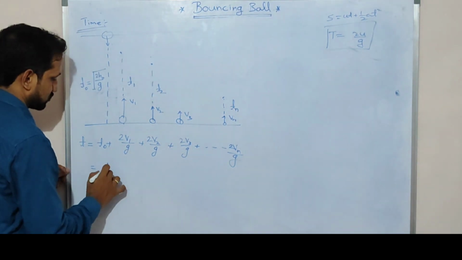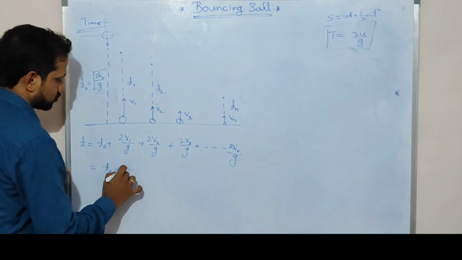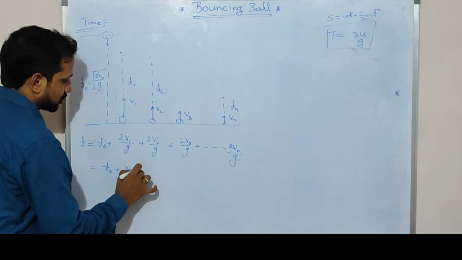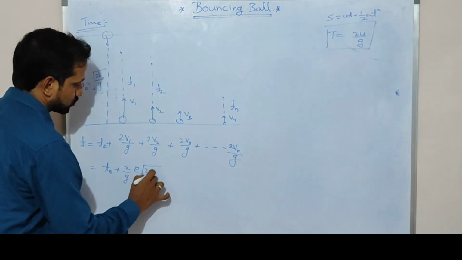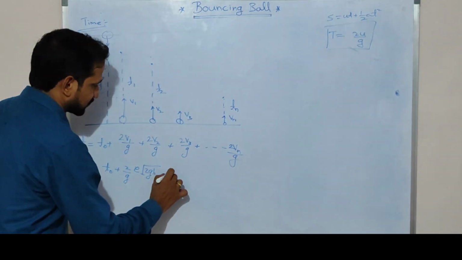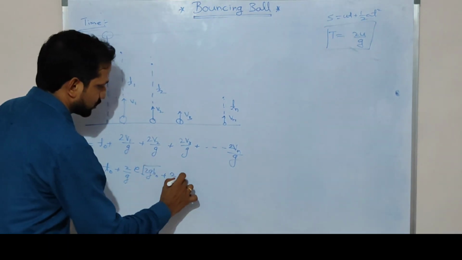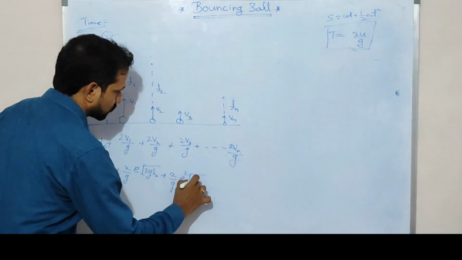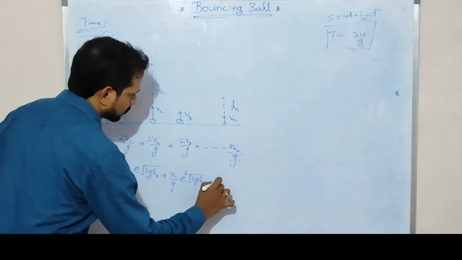So if you substitute, t naught plus 2 by g into e into root 2g h naught, this is actually v1, plus again 2 by g into v2, which will be e square into root 2g h naught, and so on.